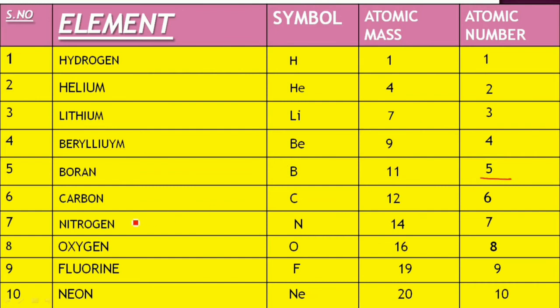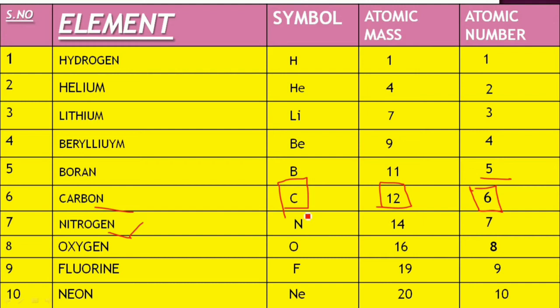Next, carbon. The symbol is C, the atomic mass is 12, and the atomic number is 6. Next, nitrogen.